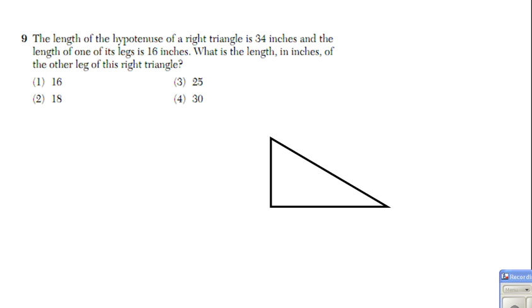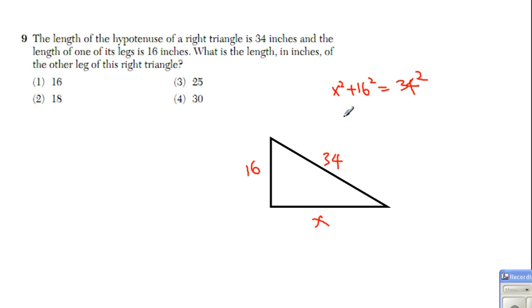Now, next we have length of the hypotenuse was 34. Now, and then the length of one of its legs is 16. Then, what is the length in inches of the other leg? So we don't want to include this one as x. So when you use the Pythagorean theorem, so we have x squared plus 16 squared is equal to 34 squared.